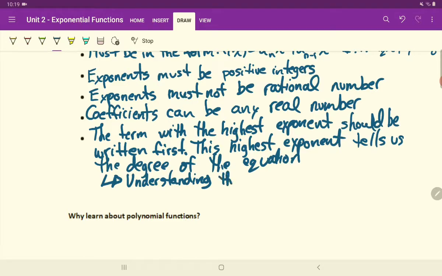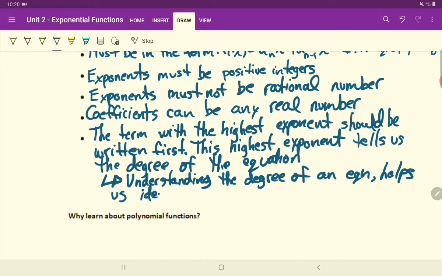So understanding the degree of an equation helps us determine or identify what the graph could look like. So it's not saying that we know it accurately, but what the graph could generally look like. Okay?